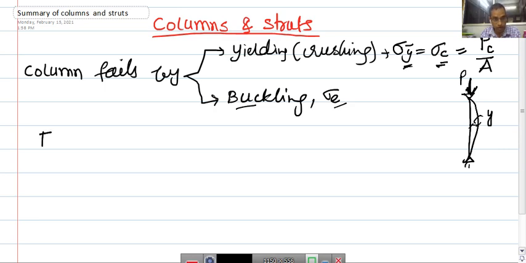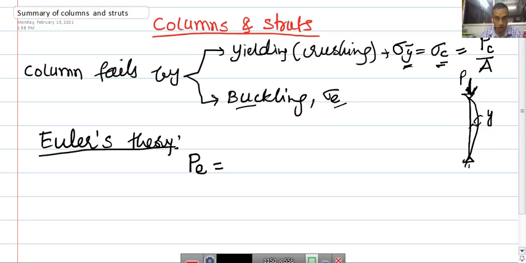Euler's theory: he found that if P E is the buckling load, he has proved it, we already did it, P E equals pi squared E I by L squared.